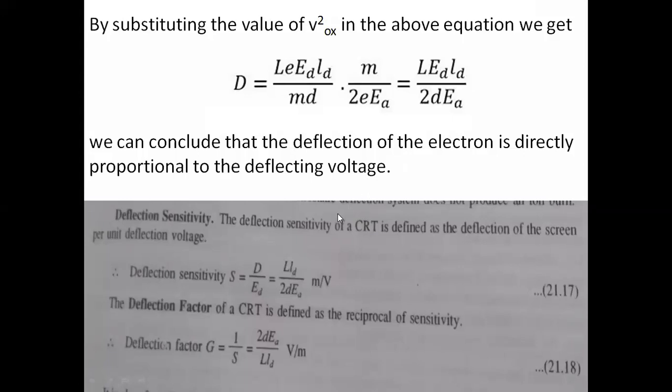Output to input. From here, we are applying the potential to the deflection plates, and from that we obtain the deflection. So for a given amount of deflecting voltage we apply, how much deflection is possible on the screen?